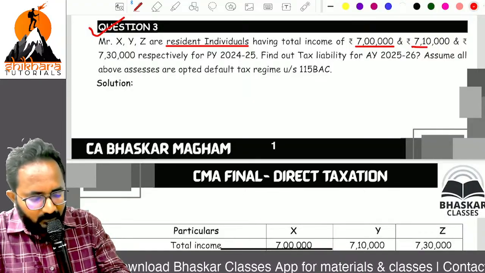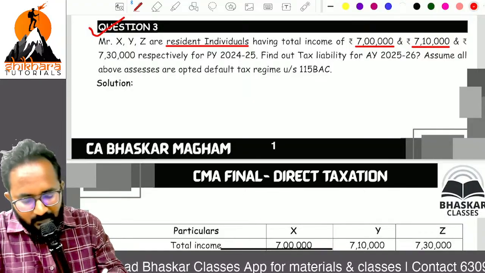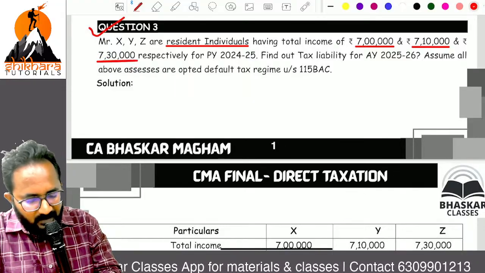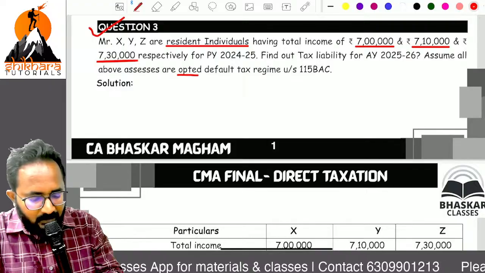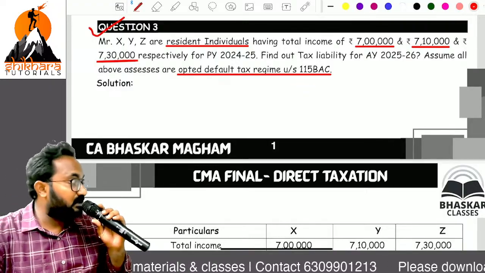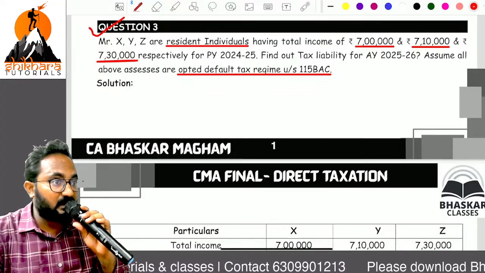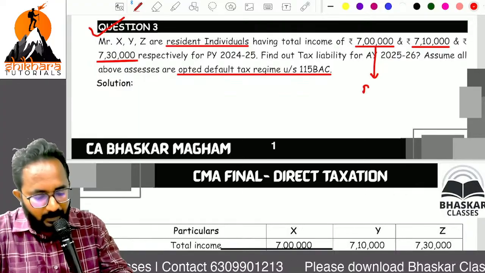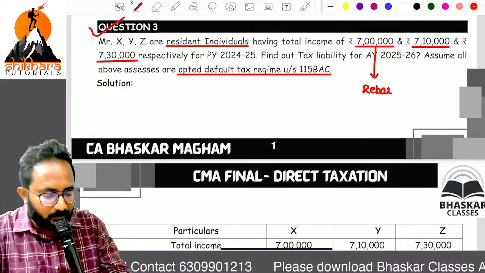Y having how much, ma? 7 lakh 10,000. Z having how much, ma? 7 lakh 30,000. And in this line, which regime have they opted, ma? Default tax regime. By looking at these 3 persons' income itself, you need to tell, yes, can he get the rebate, ma? Direct rebate he can get.